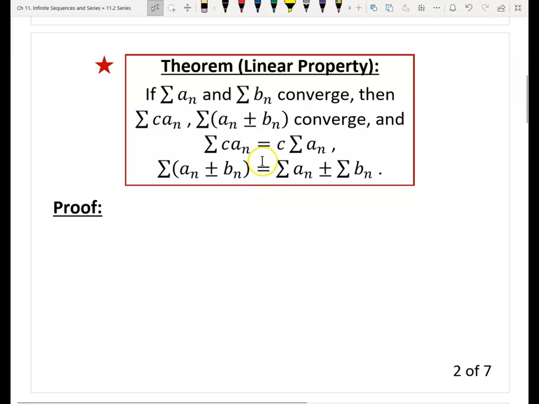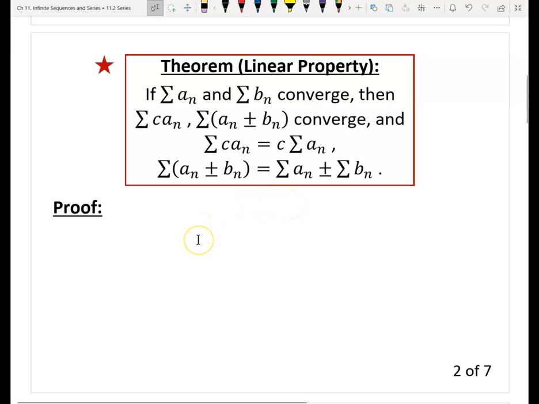It's still a1 plus a2 plus a3 and then take the limit. So they are very similar. You can say an integral is a kind of series, and also a series can be seen as a kind of integral. Therefore, they share a similar linear property.